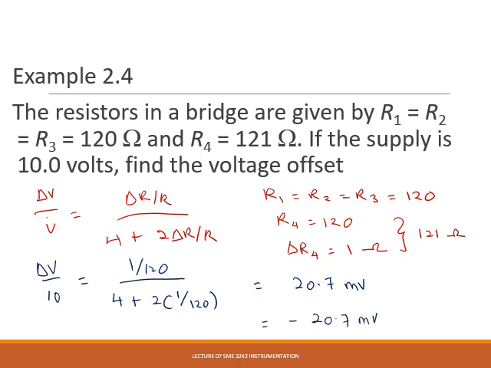But when we solve this example using this equation, we get 20.7 millivolt. Can you think why the value is different in terms of positive or negative? That's your task, and I will need you to answer in the WhatsApp group. I will post the question again in the WhatsApp group.